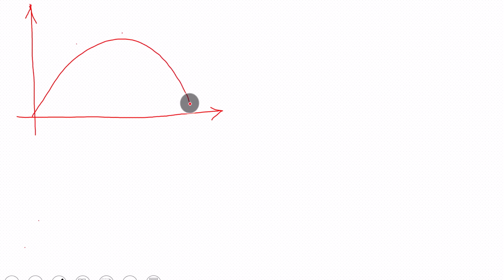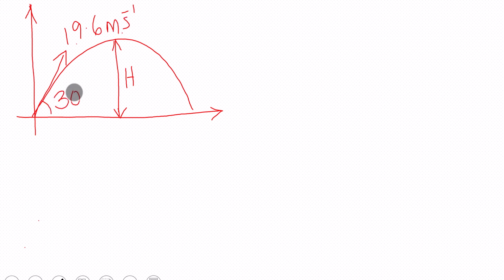This is a particle. We know this will be our maximum height, that distance here. Then we know that our particle was given an initial velocity of 19.6 meters per second, and the angle was 30 degrees.